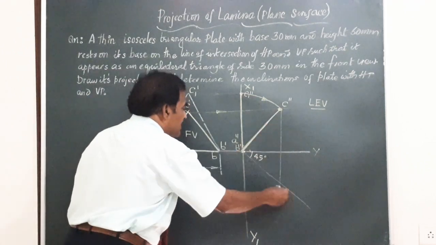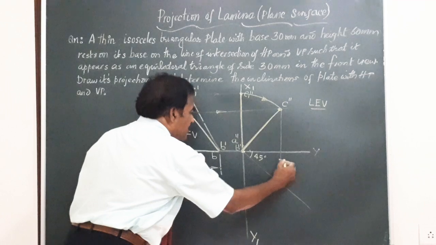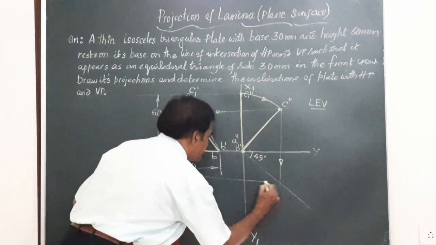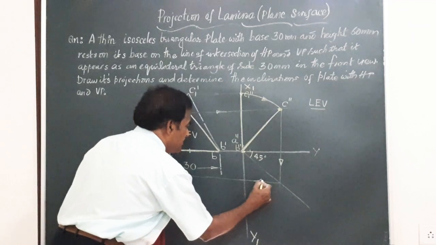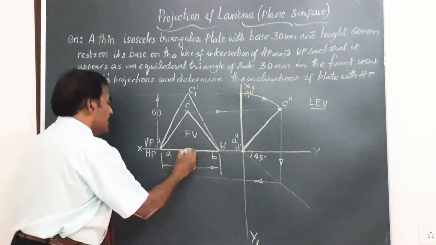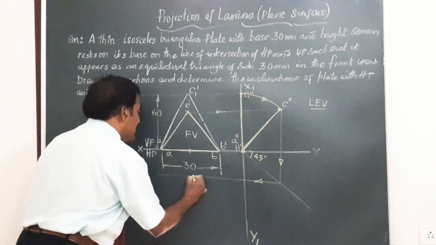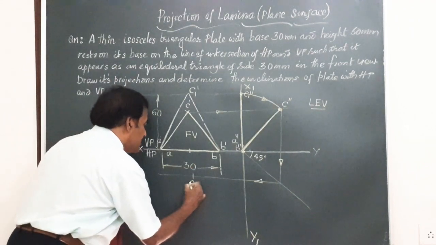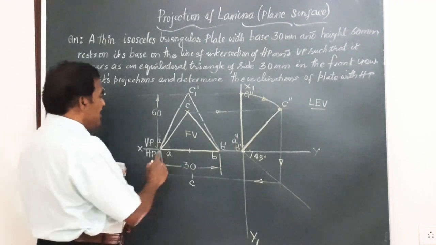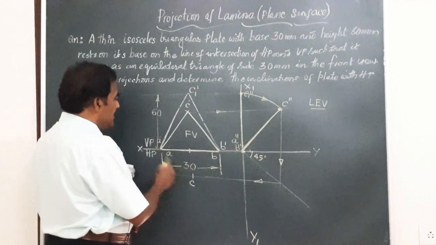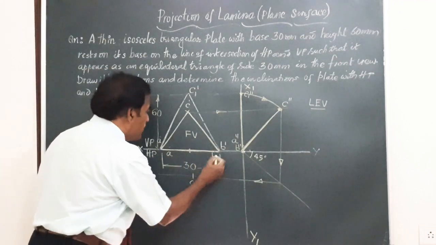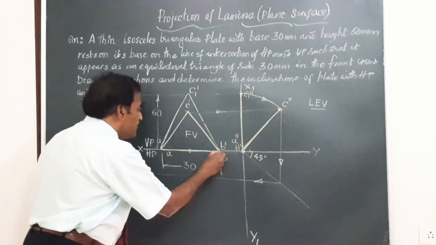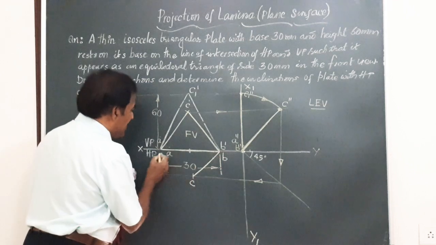Draw a vertical line from there, it will meet this line here, draw a horizontal line from there. So these two will come and meet just here somewhere. So friends, this point is going to be the point C. If we join A to B, B to C, C to A, this triangle is going to be the final top view of the triangular plate.